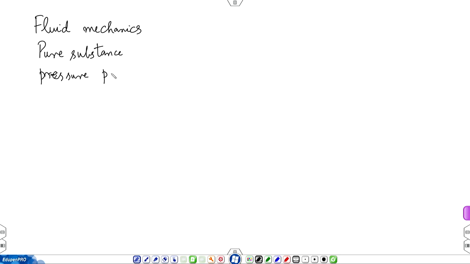P arising from, well, this is a kinetic theory model, that elementary particles are moving all the time.